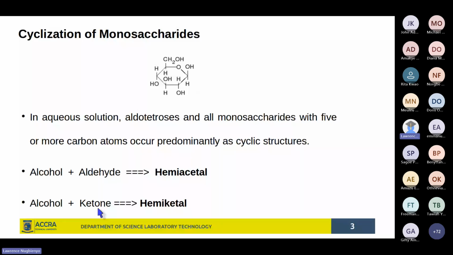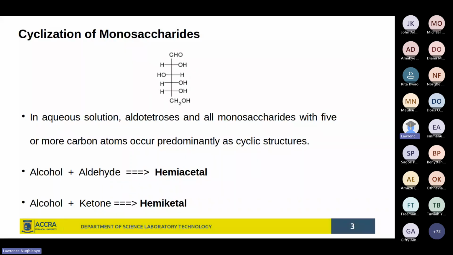And you also see that the monosaccharide structures have hydroxyl groups along the carbon chain. So monosaccharides are polyhydroxy molecules. In other words, in the structure of monosaccharides, you find a lot of hydroxyl groups.